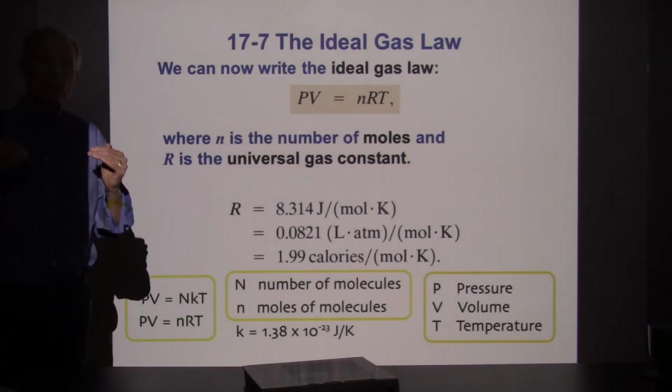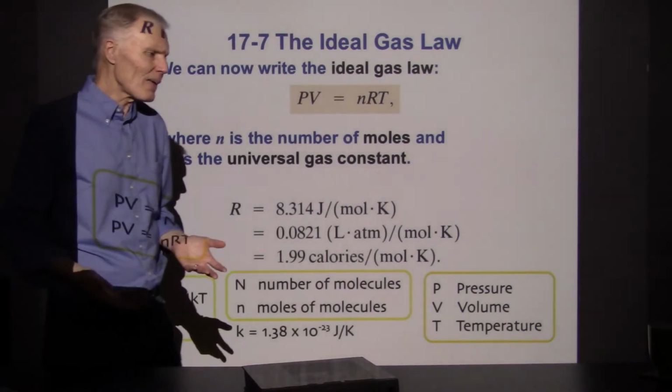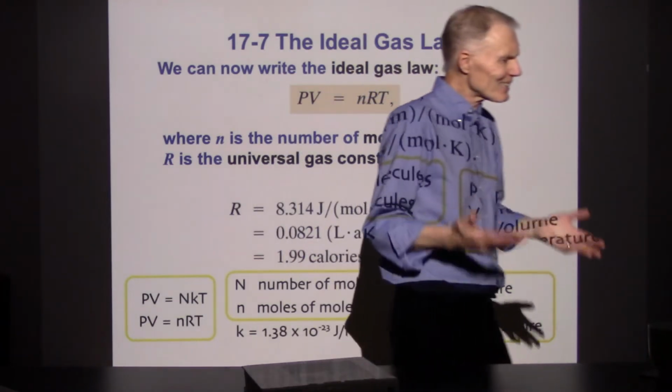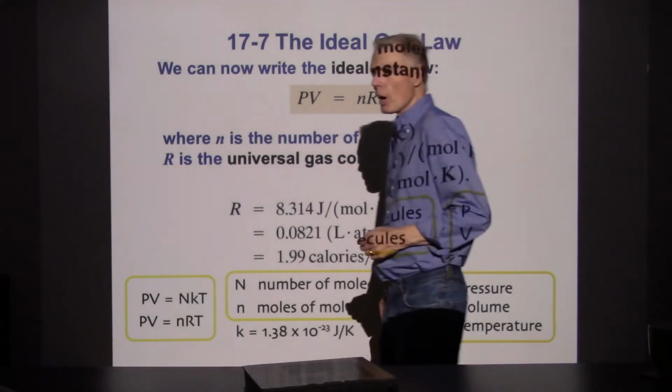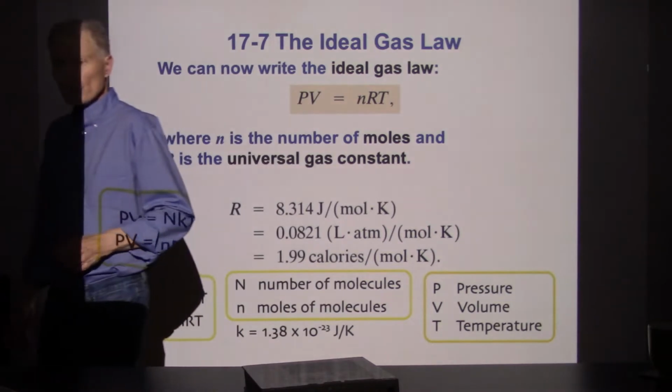Well, it can be done, so it's not that difficult to go back, except when you're working in number of molecules, you spend a lot of time using scientific notation. So it slows things down a bit because there's a huge number of molecules in all the samples that we look at.